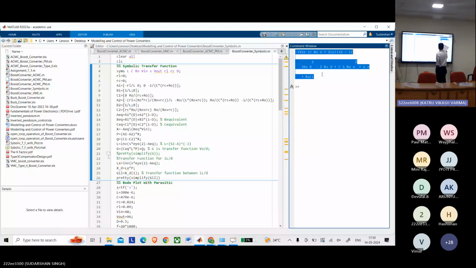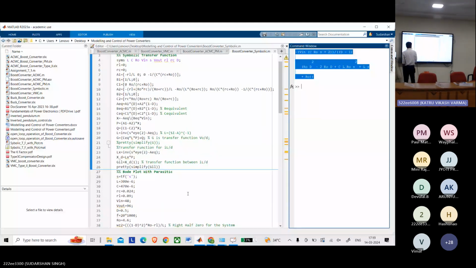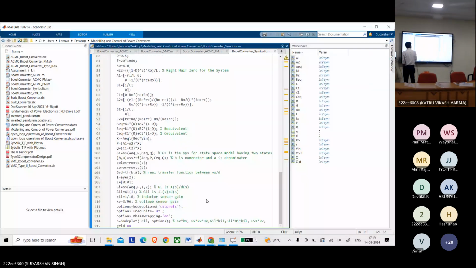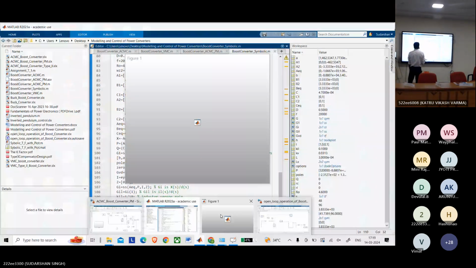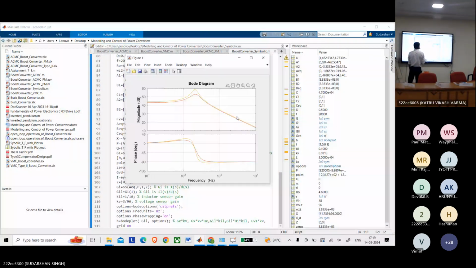So this is basically the transfer function between IL and D. Now can you plot the Bode plot of the uncompensated system, only IL, GILD? Okay. So this is GILD.